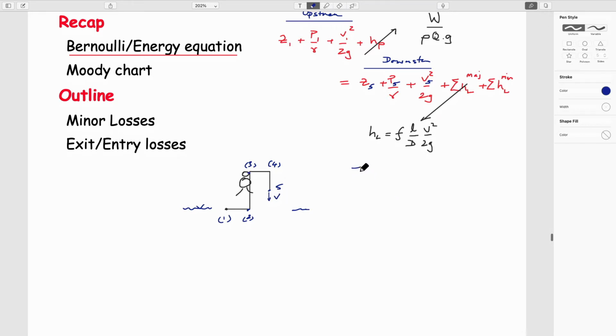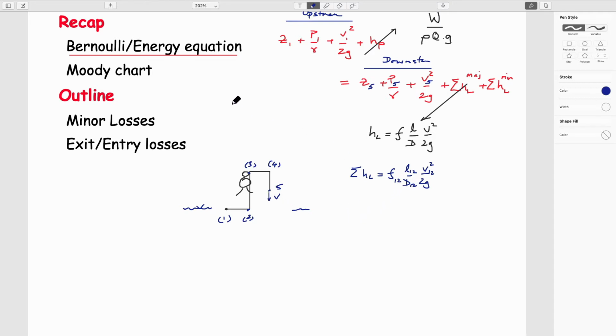So the sum of the head losses would just be equal to the friction factor 1 to 2 times the length 1 to 2 over the diameter 1 to 2, times the velocity squared over 2g. And of course this would be the velocity between 1 and 2, not the velocity either at 5 or 1.